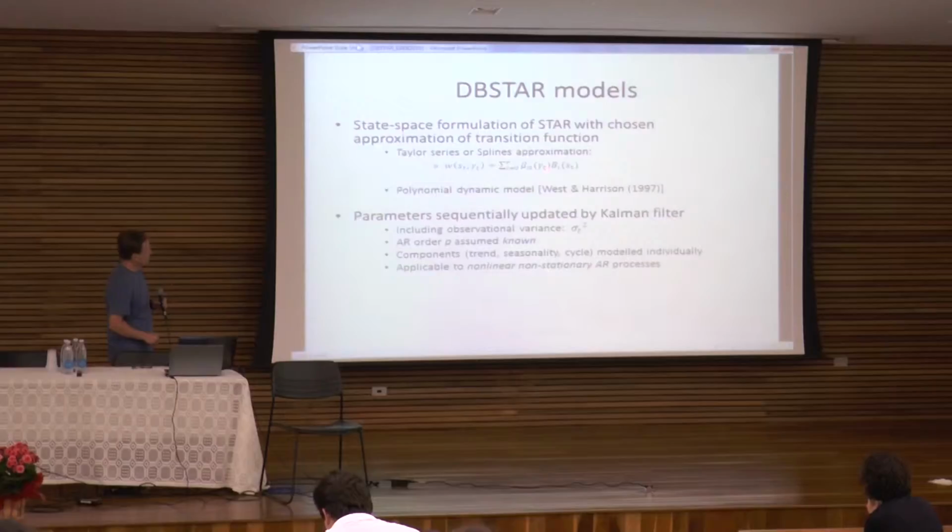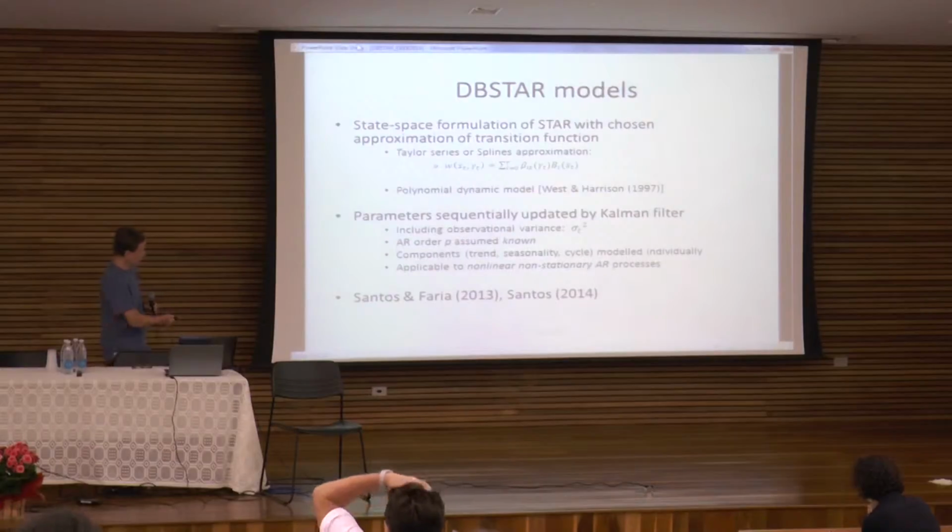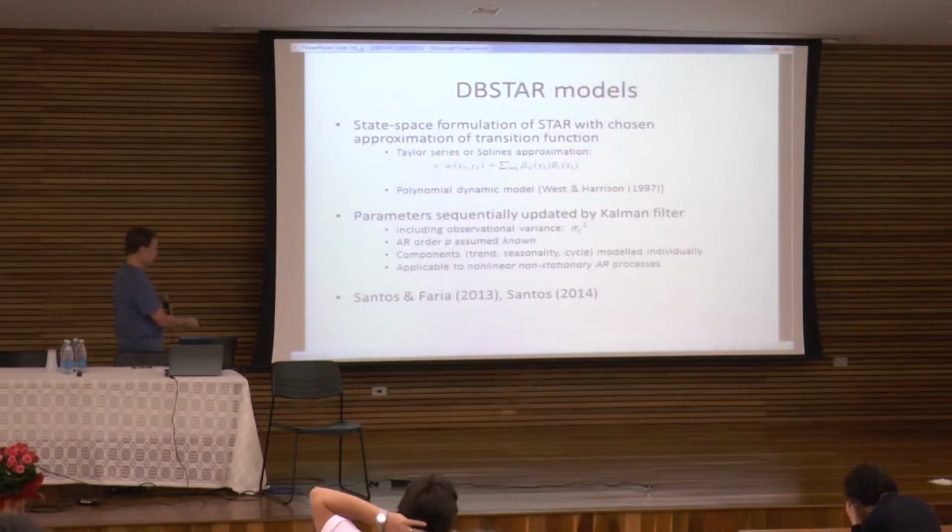We managed to separate the polynomial in the transition variable S_t, for example for the Taylor series S_t to the power of i, and those are the coefficients, which are functions of the smoothing parameter. So they can change at each time, contrary to the static STAR models. I'll give a list of references at the end.